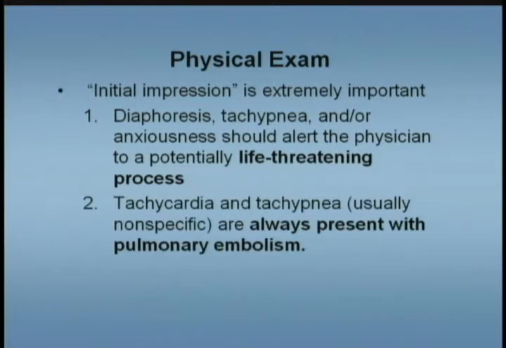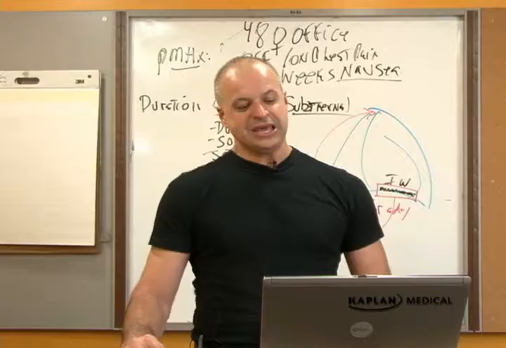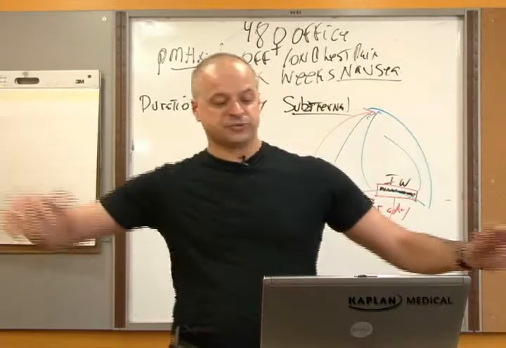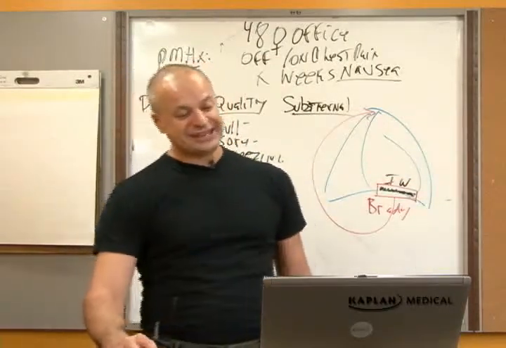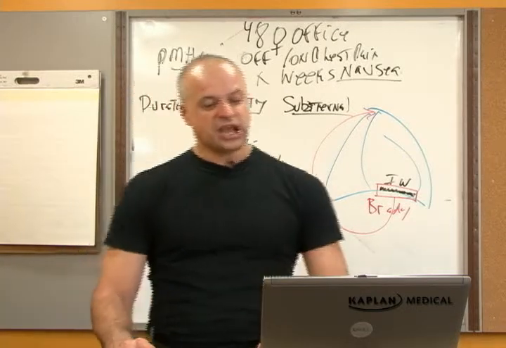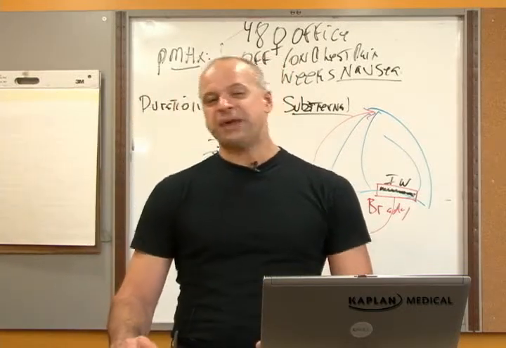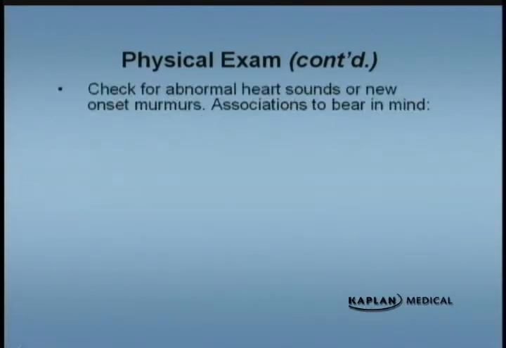It's too non-specific to be useful, and the same goes for being short of breath and tachycardic. What would be useful in the physical exam is a difference in blood pressure between your arms. That is indicative of aortic dissection, and that is useful. Now, remember that palpating the chest pain, reproducing it, means it is not ischemic in nature.